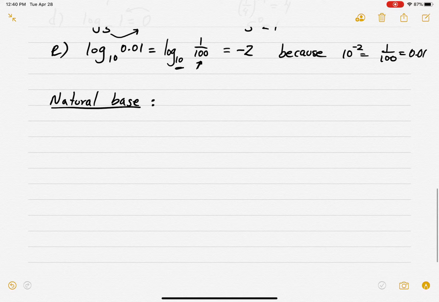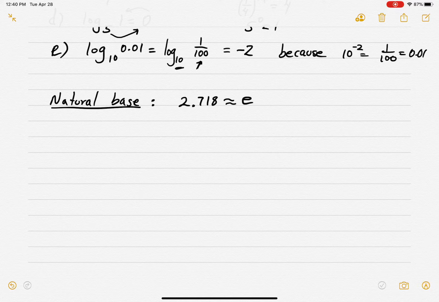The natural base is a number, and that number is about 2.718281, something like that. But mathematicians decided, because it's a number that just keeps going and it shows up a lot in nature, that's why it's called the natural base. They give it a special name and they call it the number e.